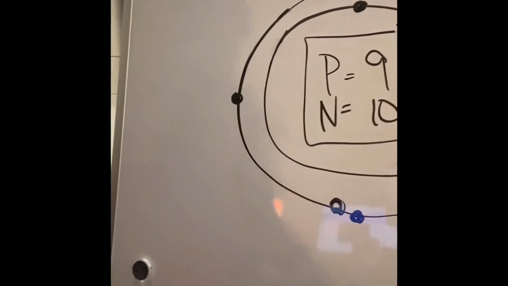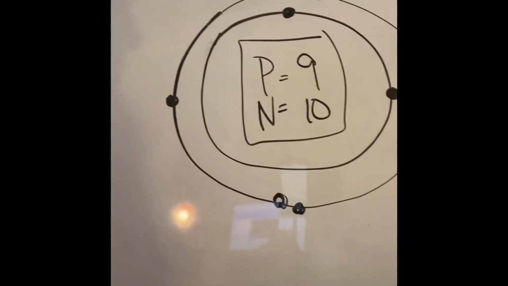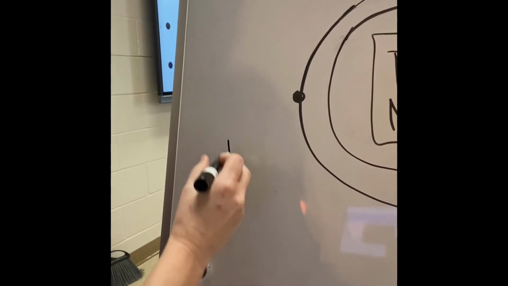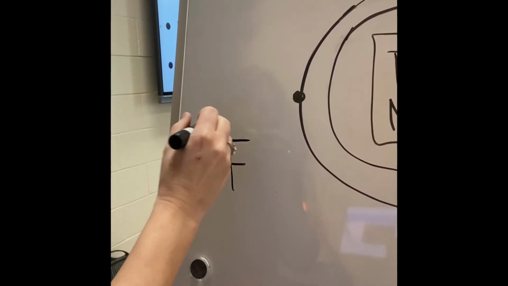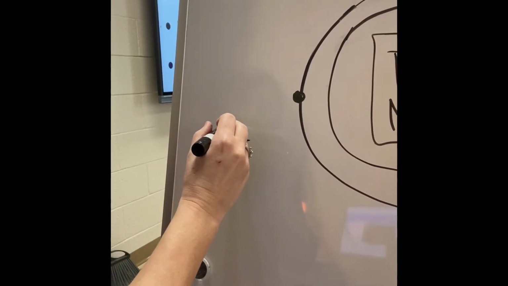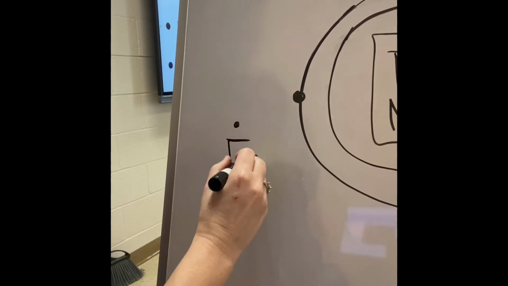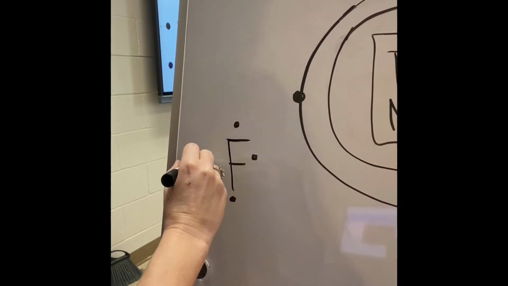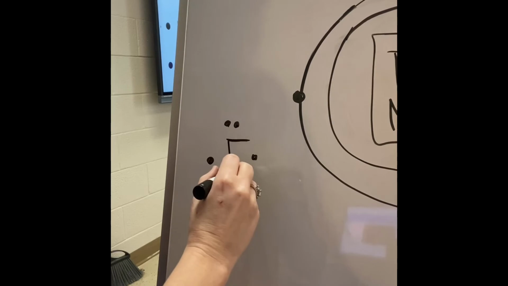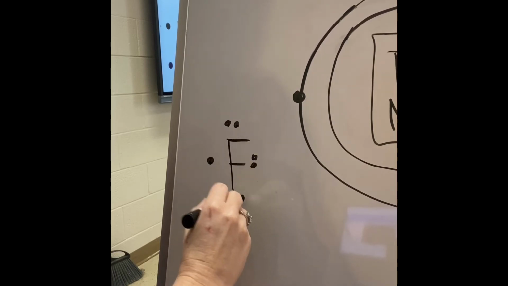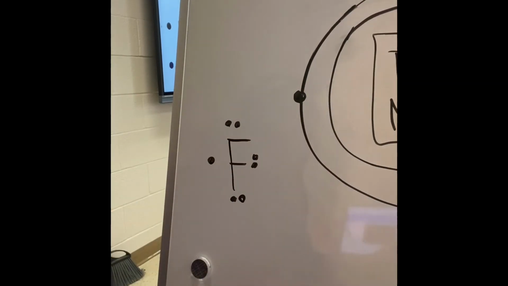So let's find a corner we can see pretty good. Since it has 7 valence electrons, we're going to put the symbol for fluorine, and all we have to do is draw the valence electrons. So 1, 2, 3, 4, 5, 6, 7. And there's how you draw the Lewis dot diagram for fluorine.